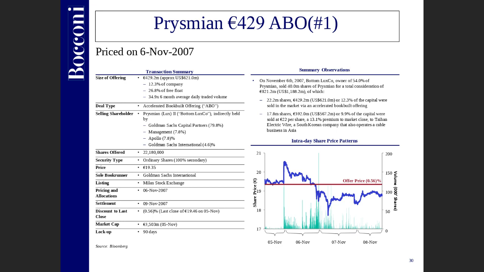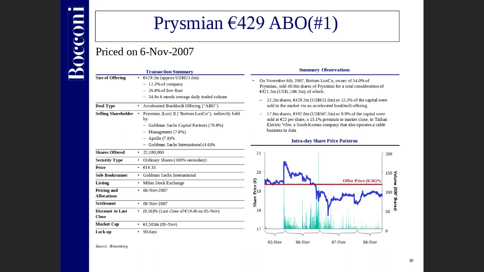And together with this accelerated book building offer, Goldman Sachs also announced the sale of 17.8 million shares, equal to 392 million euro, at 22 euro per share, to Taihan Electric Wire, a South Korean company that operates in the cable business in Asia.